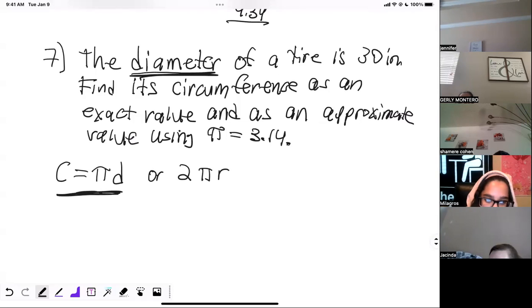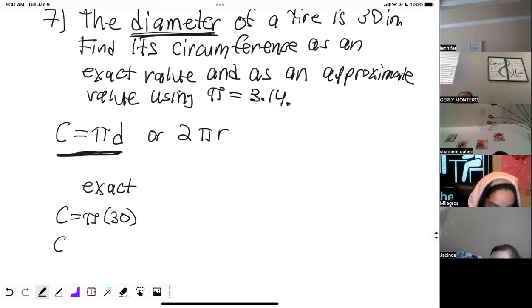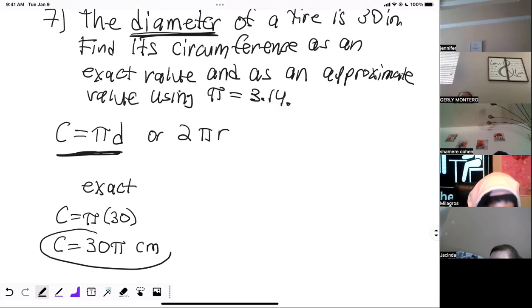It wants it as exact and approximate. So let's do the exact. That's the easiest one. Circumference equals pi. The diameter is 30. All we have to do for this one is rewrite it so that 30 is first, and add my units. That's exact. Done. We don't touch pi. It just stays in the answer.